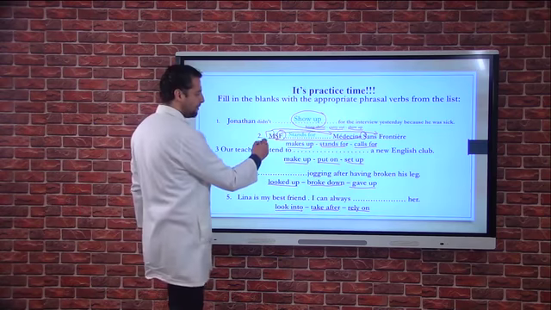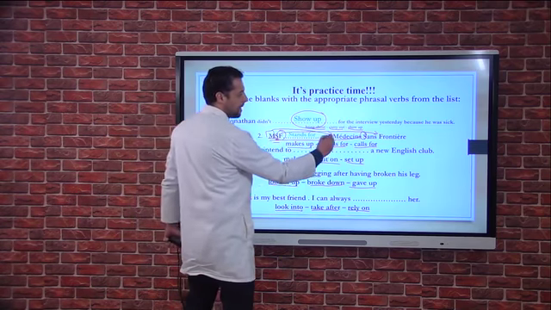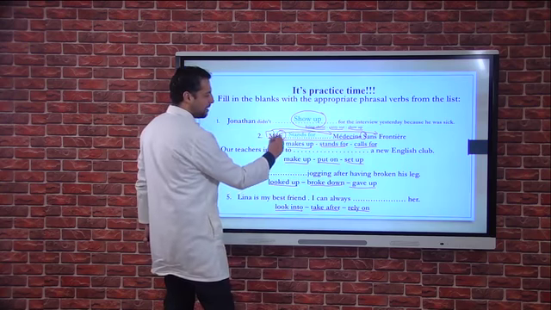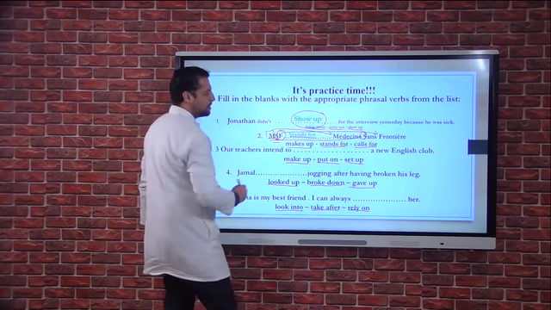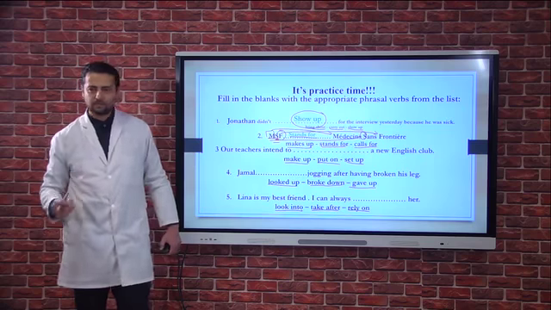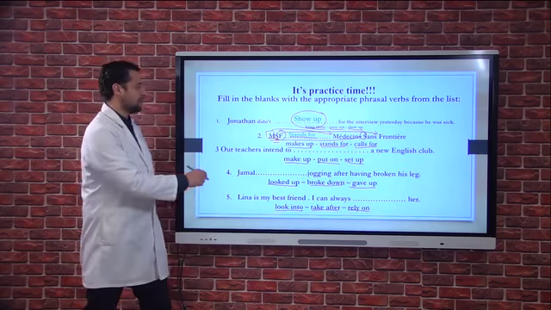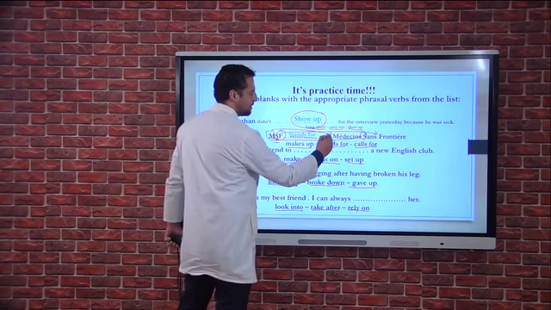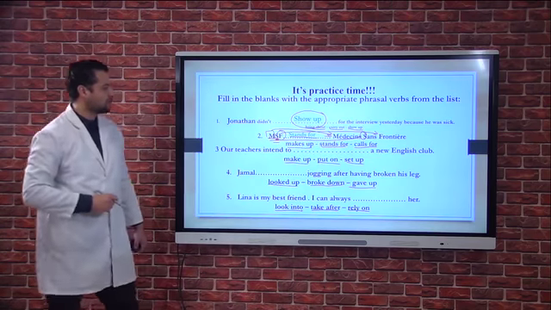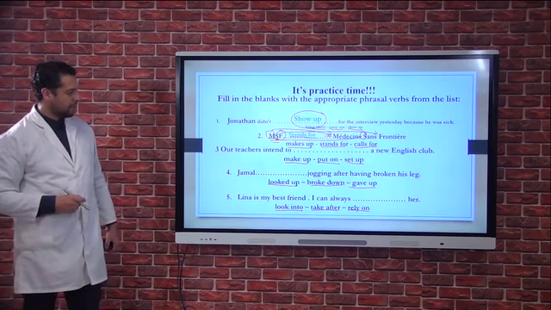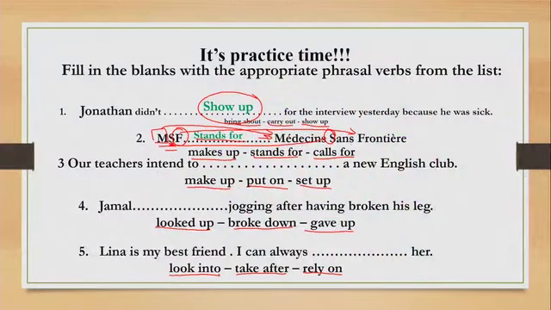So whenever we have these abbreviations and here we have the full name, we use the phrasal verb "stands for", just to show that this is the complete definition of these words. Number 3: our teachers intend to set up a new English club.